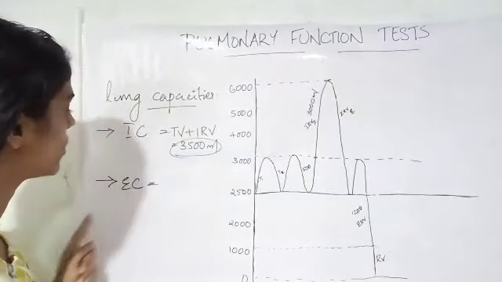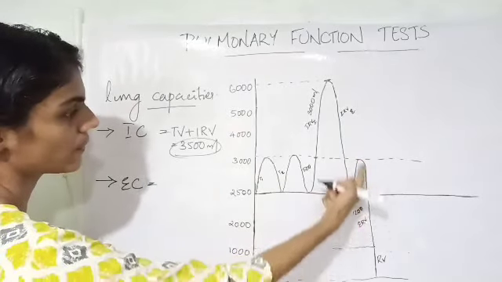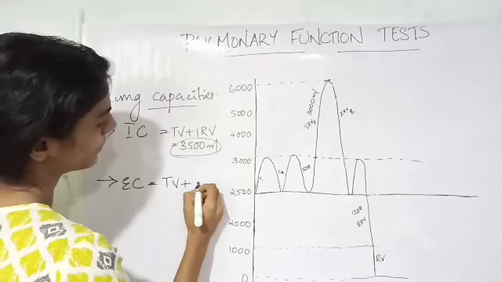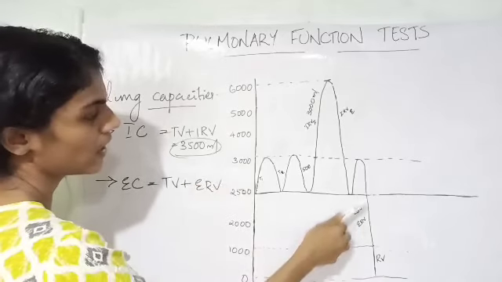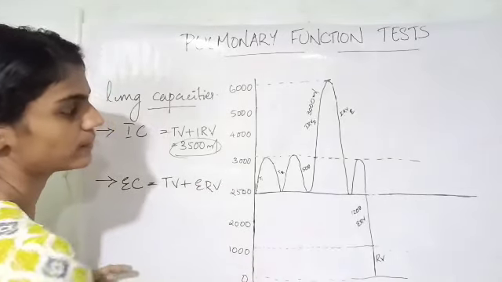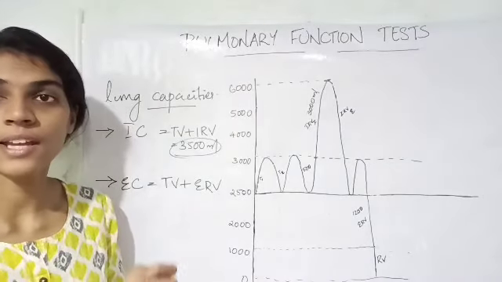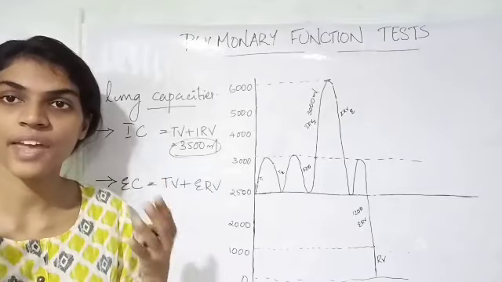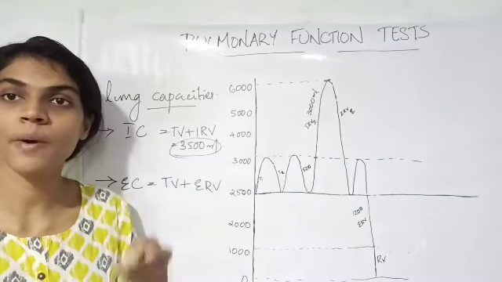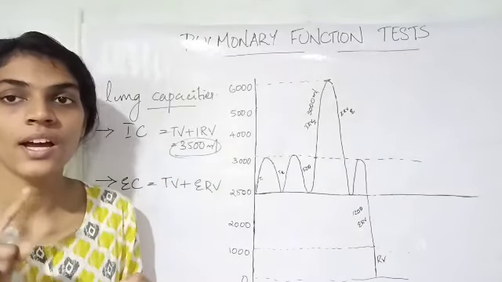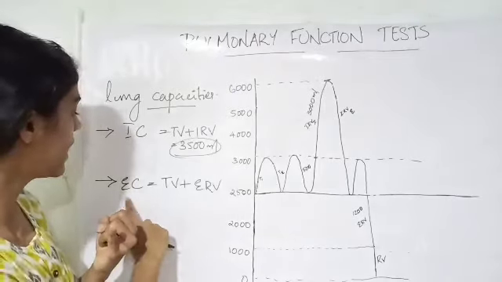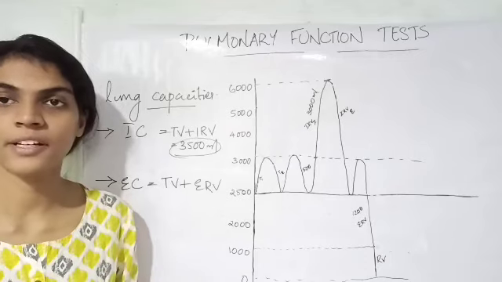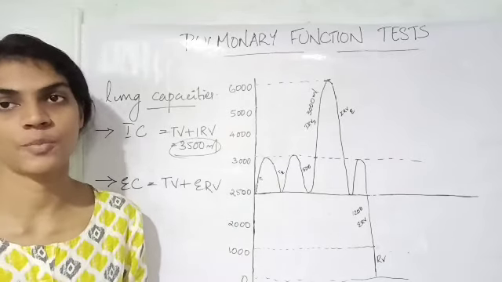It will include tidal volume plus expiratory reserve volume. Inspiratory capacity is the amount of air that can be inspired through a forceful inspiration, and expiratory capacity is the amount of air that can be expired through a forceful expiration.